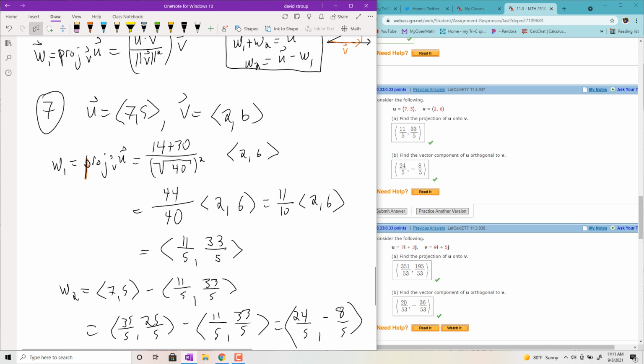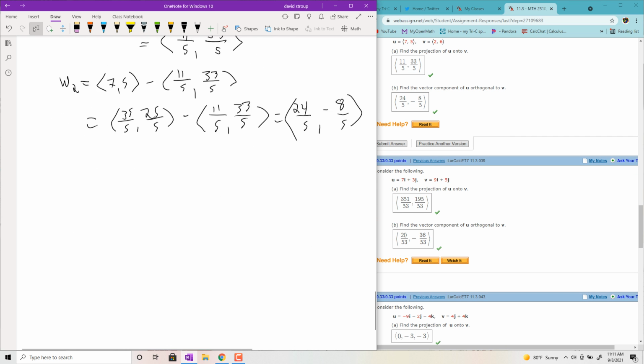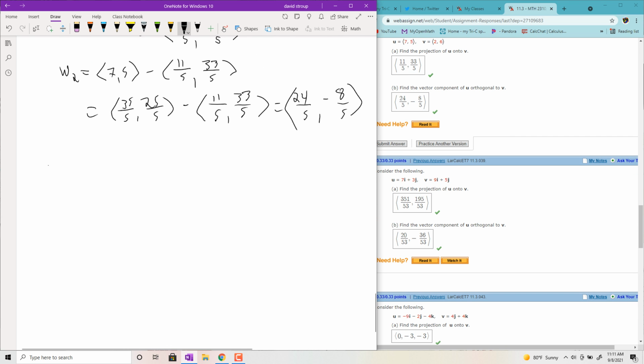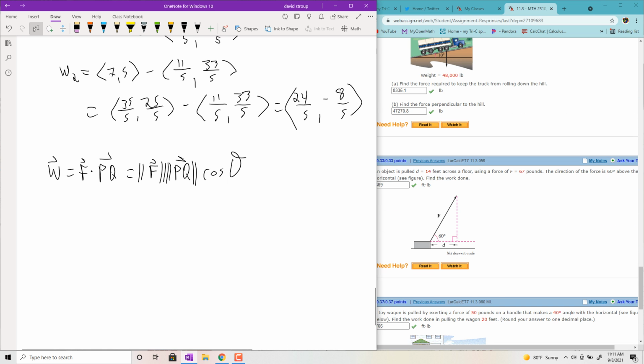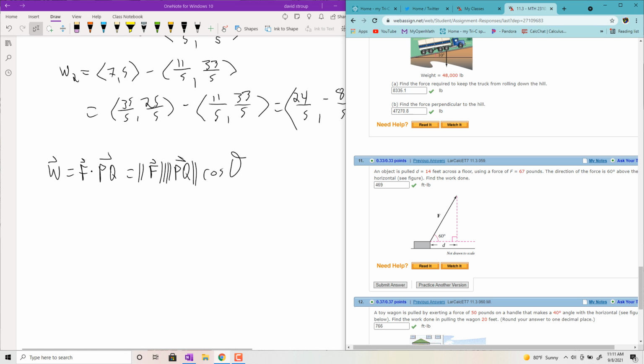Okay, let's look at one work problem. So remember, work is equal to the dot product of the force and the distance traveled. But we can rewrite that in terms of the angle between the vectors as the magnitude of the force times the magnitude of the distance times cosine theta. So let's look at one of those work problems, probably number 11 here.